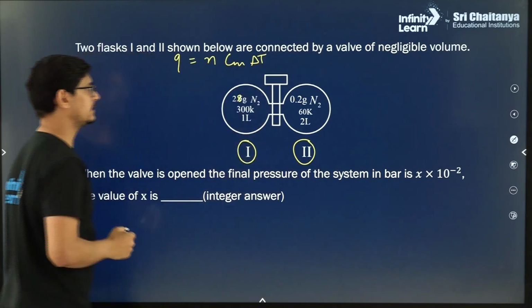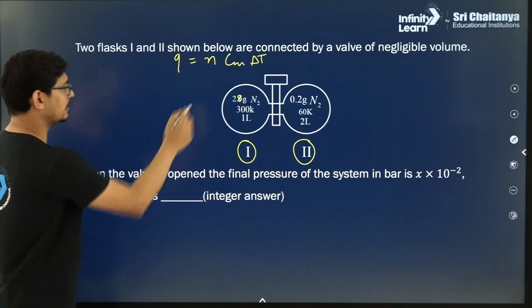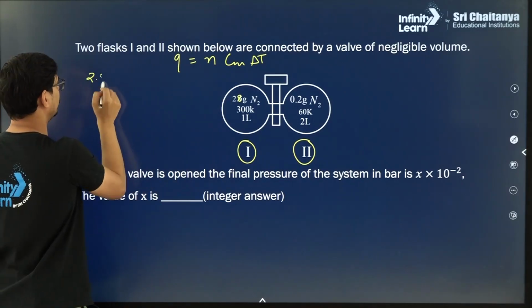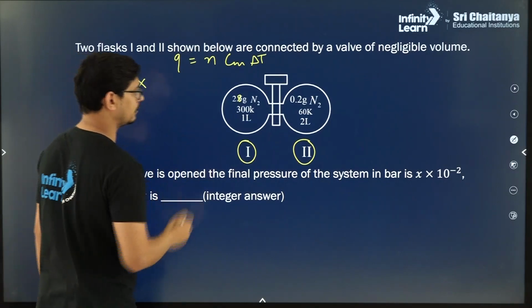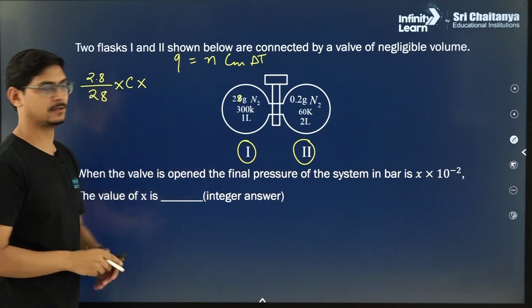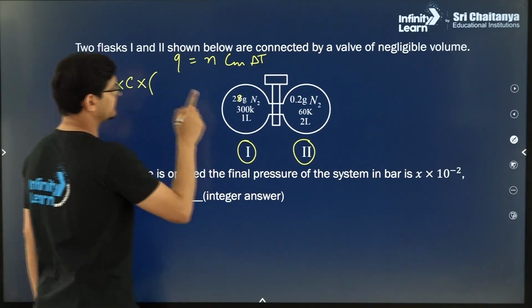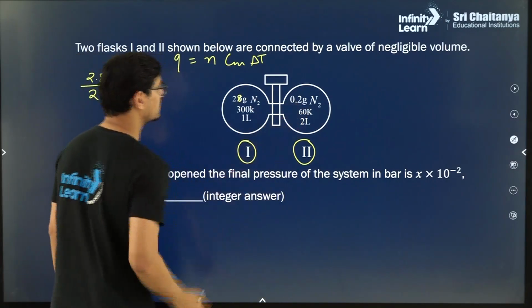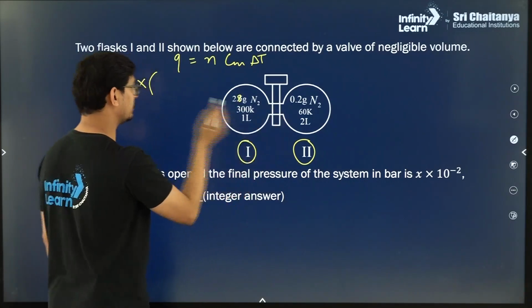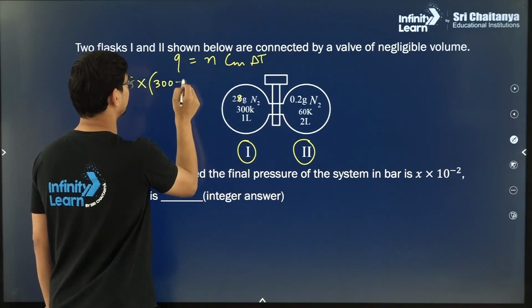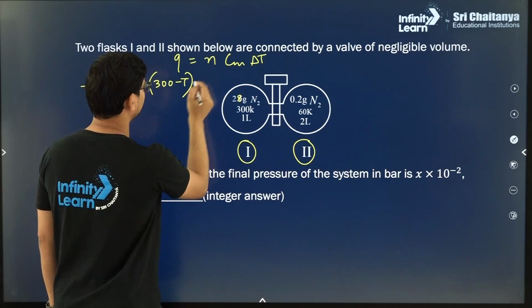Can we say that? Heat transferred is n C m delta T. Now number of moles in first container is 2.8 divided by 28 multiplied by heat capacity. That is not relevant here because it will get cancelled out. Temperature difference, remember that because it will lose heat, so 300 will be higher temperature and the final equilibrium temperature will be low. So to make it a positive quantity, I will write this, right?